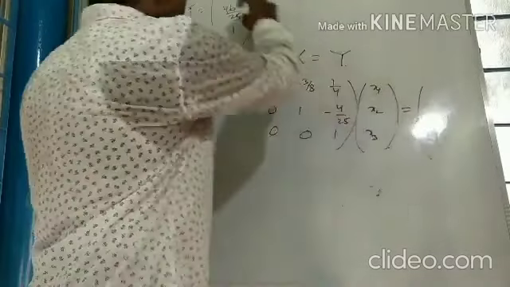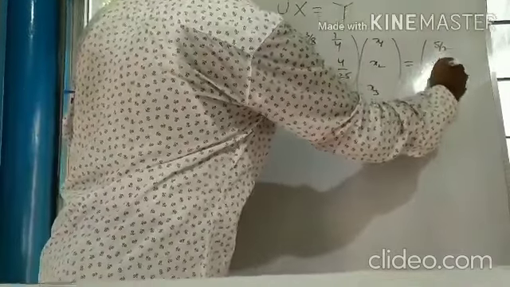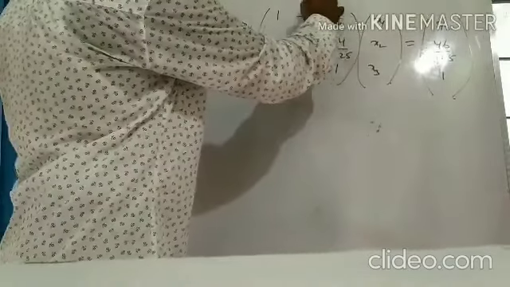What is the vector y? 5 by 2, 46 by 25, 1. Just matrix multiplication.